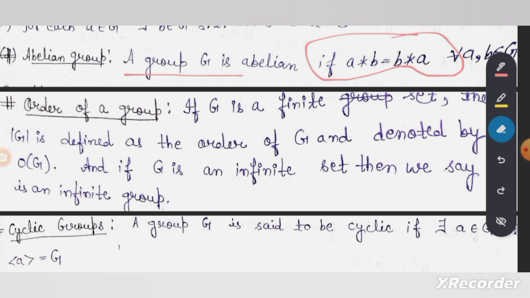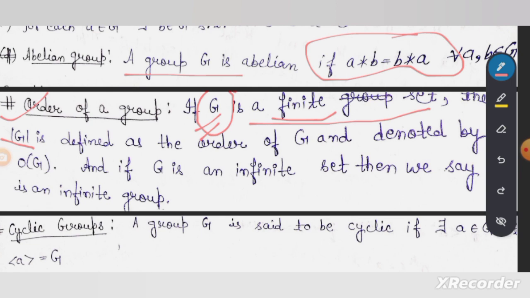Now next term is order of the group. If we are talking about a group, this is also a set. So yes, in a set we have elements. If this is a finite set, then cardinality of G. What is cardinality of G? Cardinality is basically the number of elements in a set.